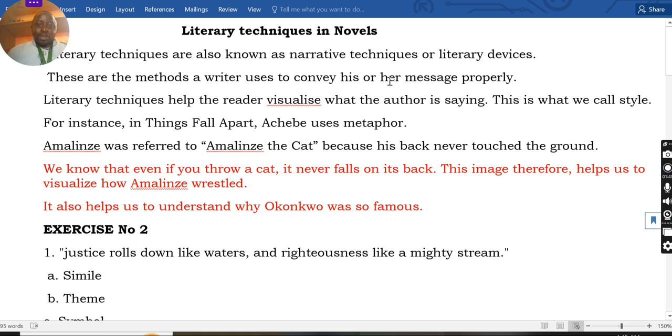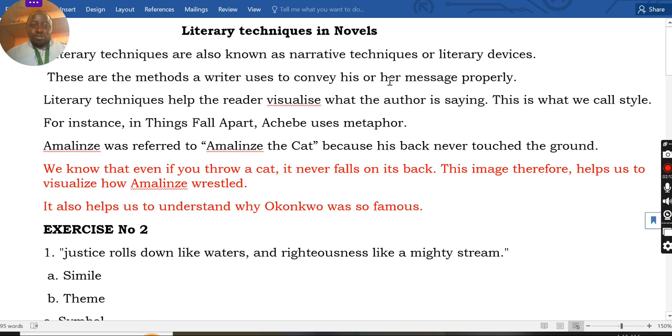what a literary technique is, and what the importance of using literary techniques is, for writers and for readers. Dear student, literary techniques have several names, but they are common and the same.